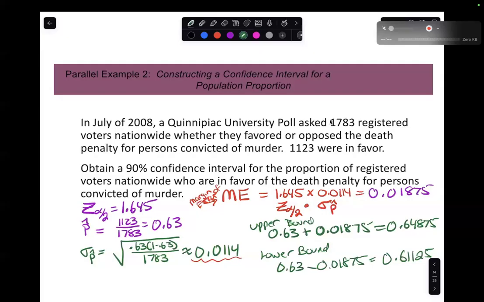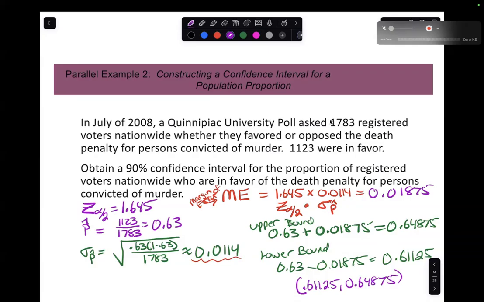The different ways that we can express our confidence interval: sometimes we will put it in a bracket like this, my lower bound to my upper bound. This is one way that OpenMath will have you express it.